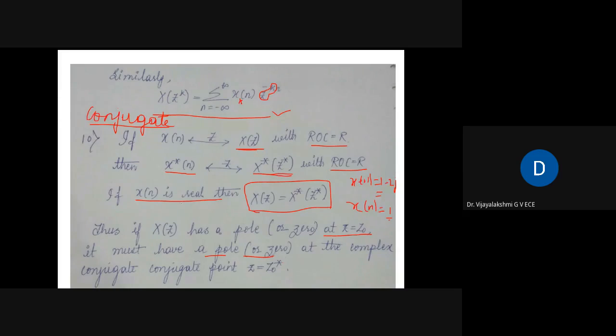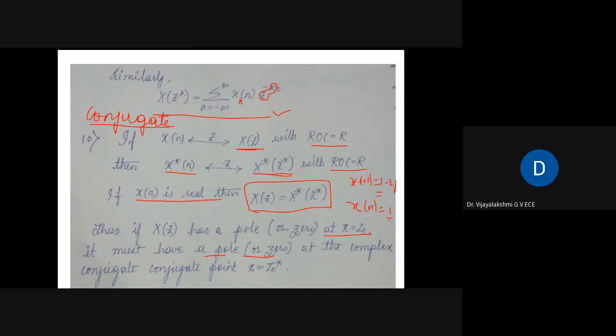As I told, in the time domain, if you are taking the conjugate of the signal, then in the transform domain also, for x of z, you have to take the conjugate. That means if you have a pole or zero at z equal to z0, then you should also have a pole or zero at its complex conjugate. So these are about the various properties of the Z transform.